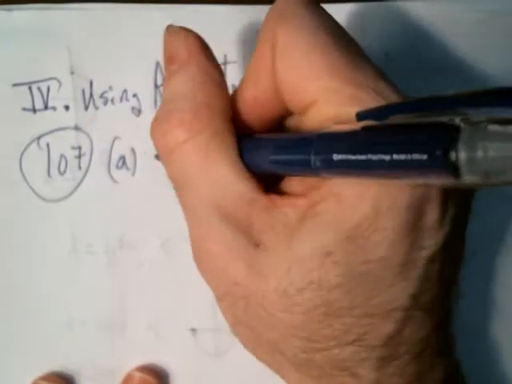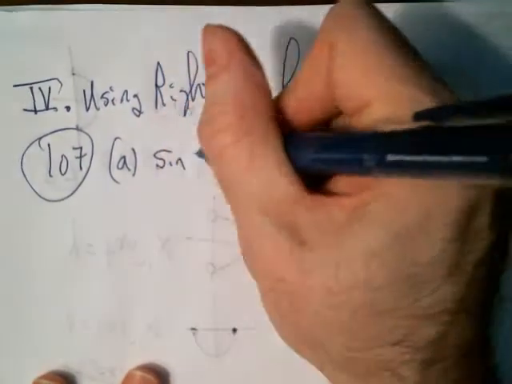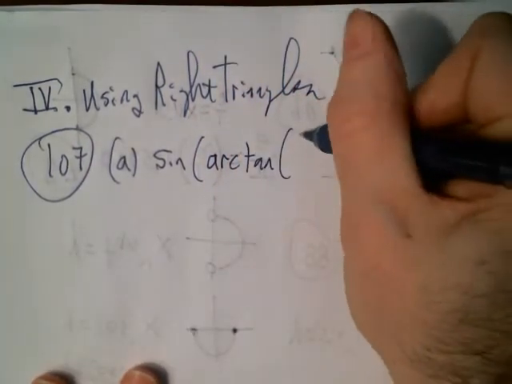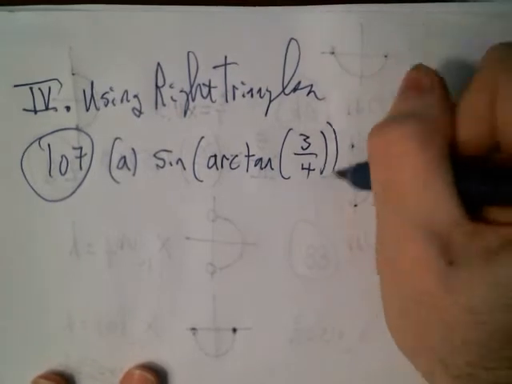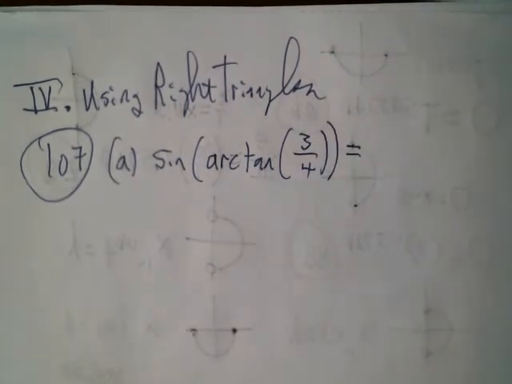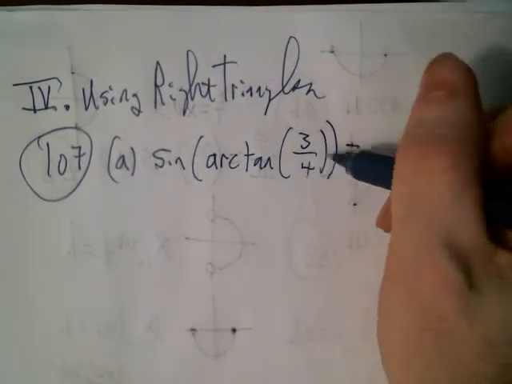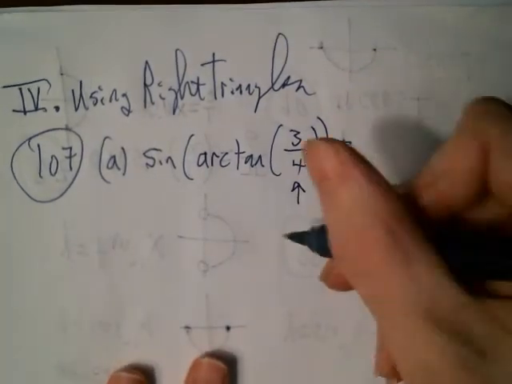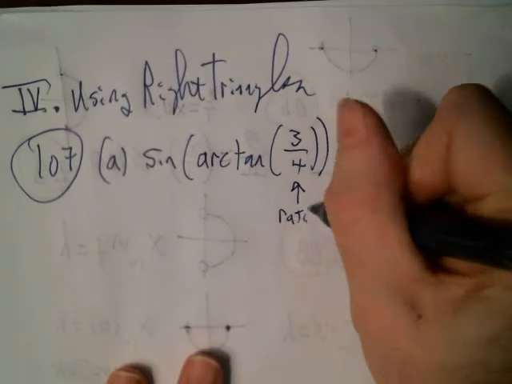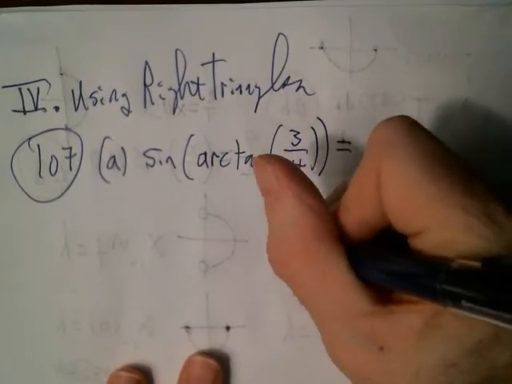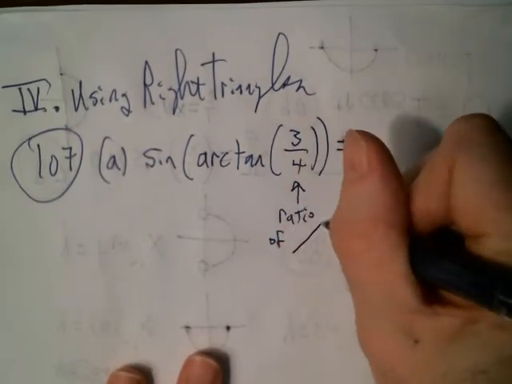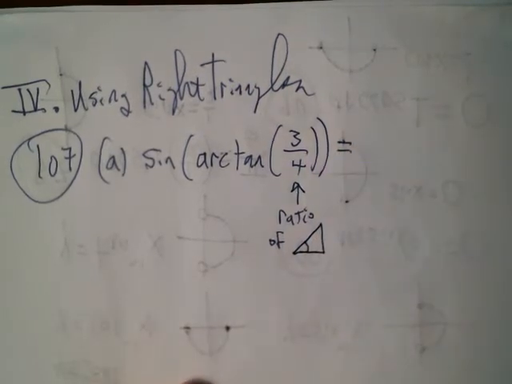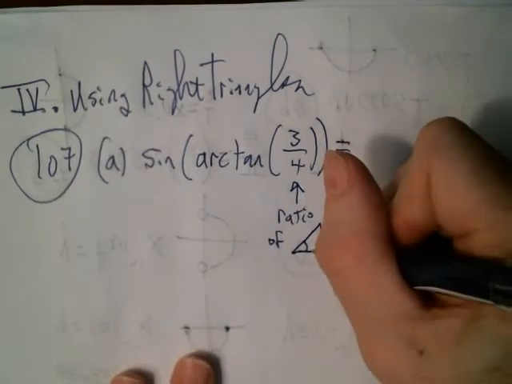part A. We want to figure out the sine of arc tan of 3/4. Okay. So with the arctan of 3/4, you could consider the input as a ratio of sides of a right triangle. You have a right triangle. If you're dealing with tan, well, what's the deal with tan?